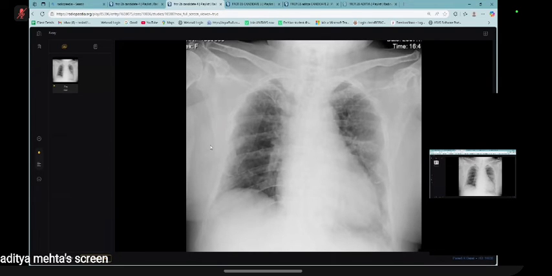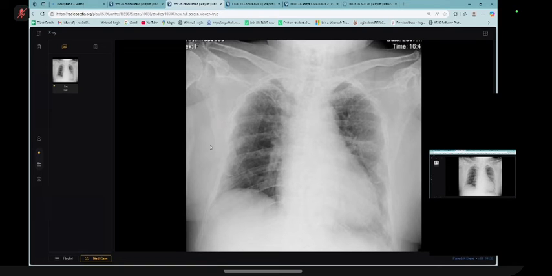Sir, the heart appears to be enlarged. So apart from that, I want the cause of back pain and bony pain.